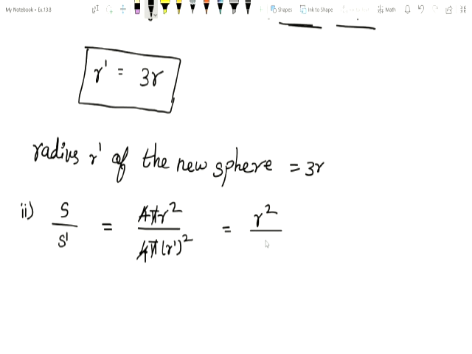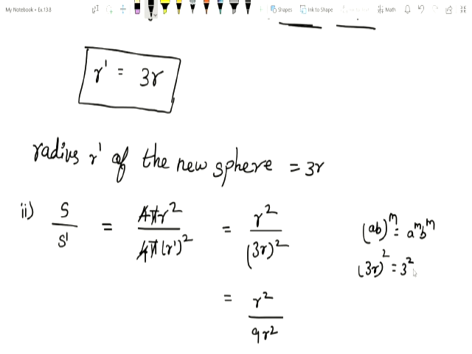R dash represents 3r, 3r the whole square. So r square divided by 3 square, which is 9, r square, because the square is common for both. You know very well (ab) to the power m equals a power m, b power m. So 3r the whole square is 3 square r square, which is 9 r square.